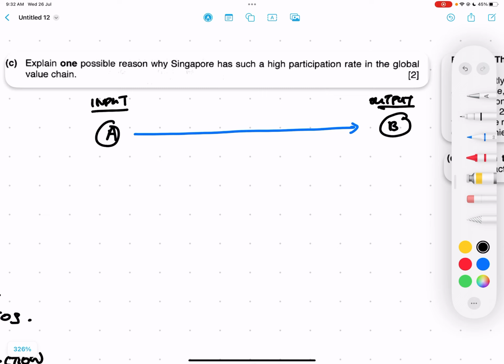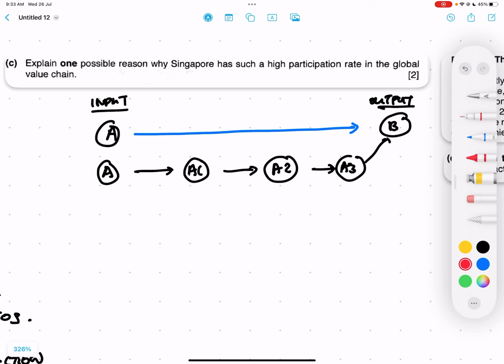So from A it becomes A1, then A2, then A3, and finally B. You specialize in one part of the production process.